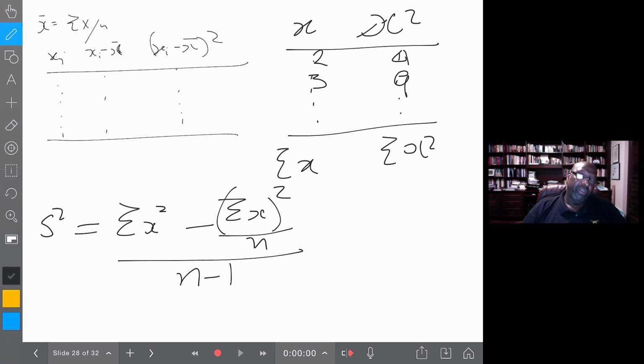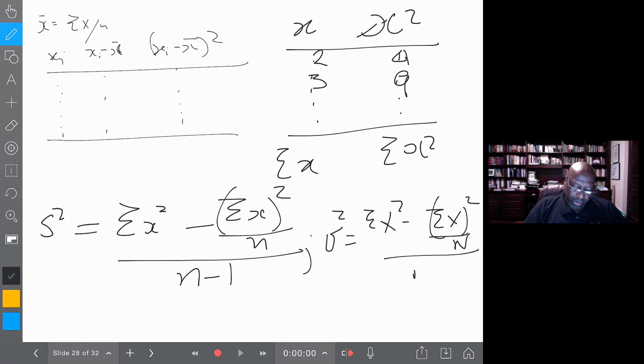That is the sample variance. If I had capital N instead of n minus 1, that is population variance. So I could just give you population variance right here. Sigma squared is equal to the sum of the x's squared minus the sum of the x's, I put it in bracket, notice now I have capital N over capital N, right?